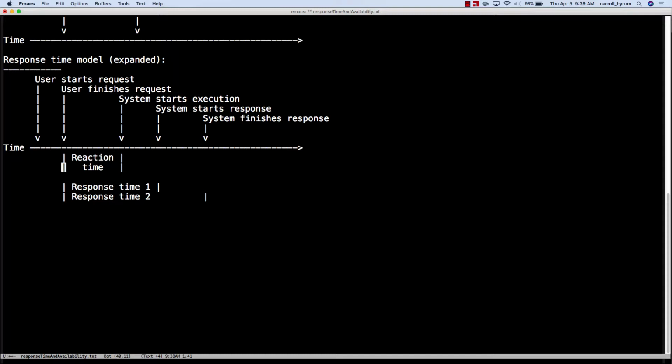That's reaction time. But we're talking about response time. So response time 1 is when they're done to when the system starts to respond. But response time 2 is the user finishes the request and the system finishes the response.